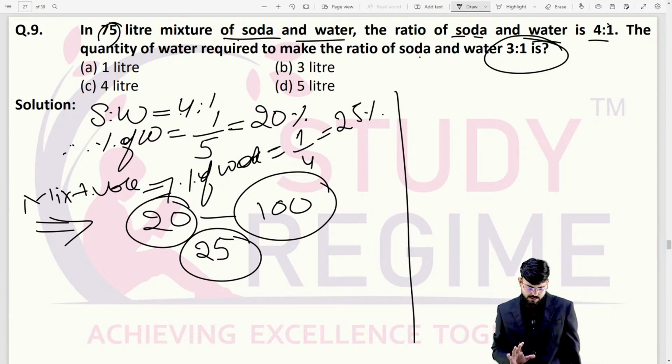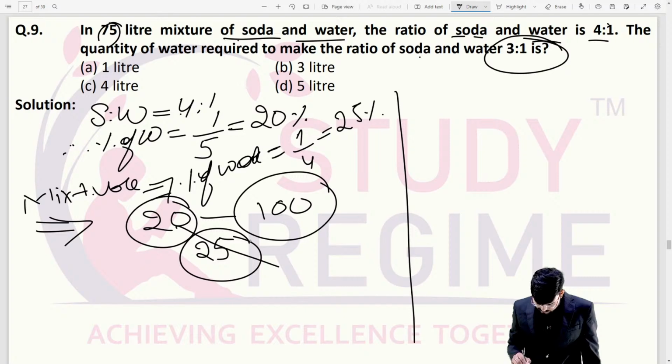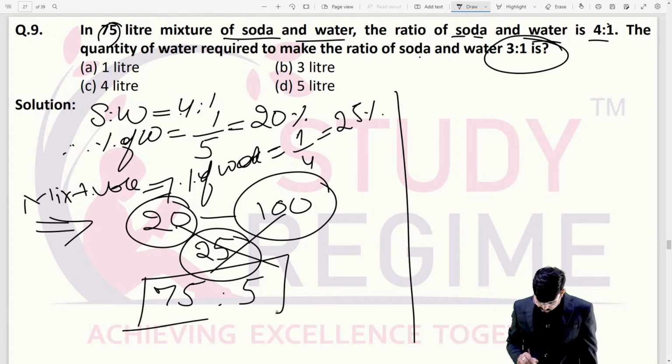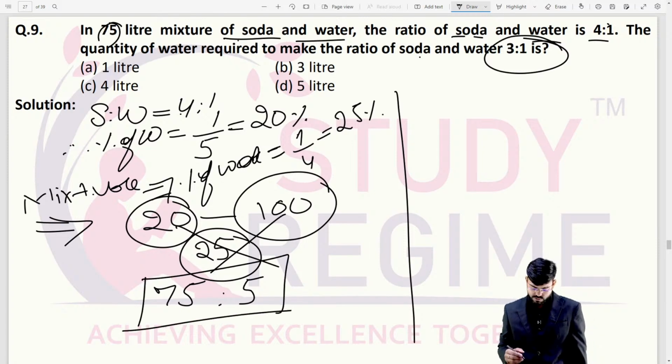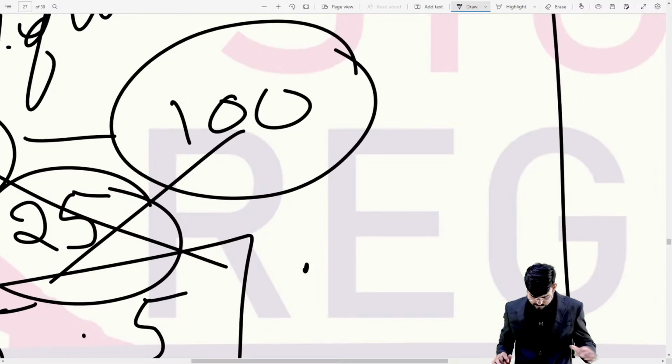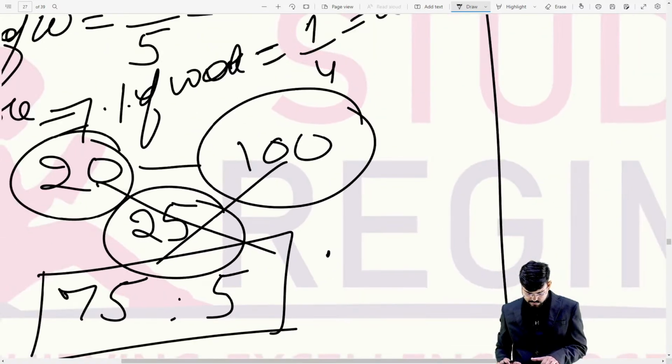Up to now it is clear. I have calculated the percentage of water in the first mixture, and after mixing it with water, I have calculated the percentage of water. Now subtract this, you will get 75:5. You will further simplify it. What will you get? Let me zoom it out first.